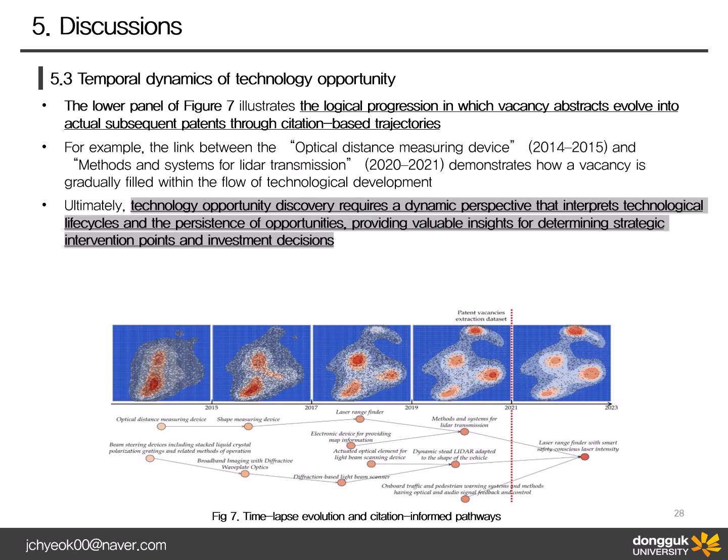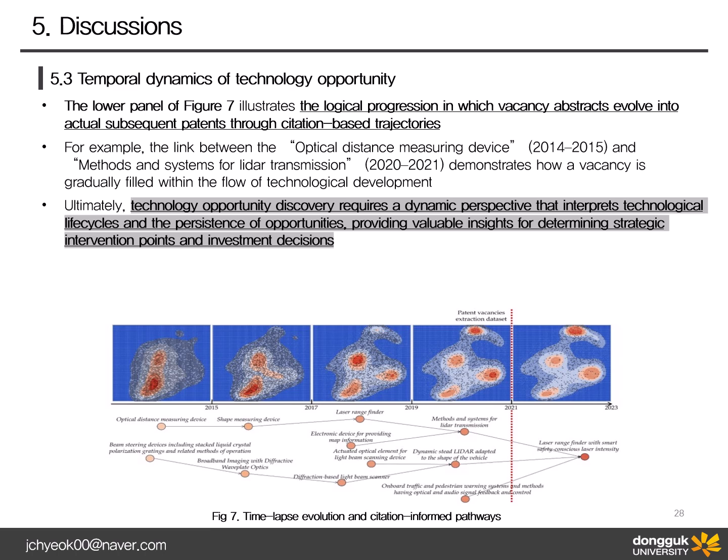The lower panel of Figure 7 illustrates the logical progression through which a vacancy abstract evolves into an actual subsequent patent via citation-based trajectories.